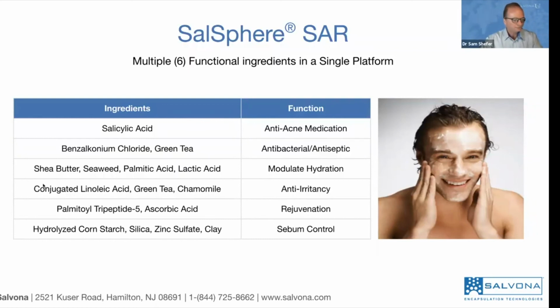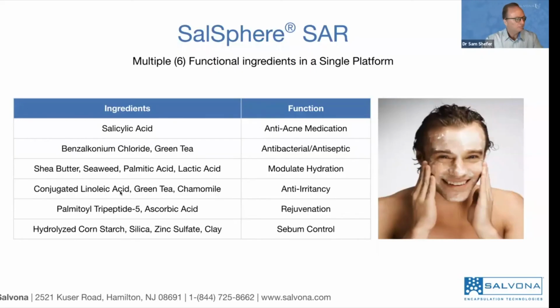Then we have ingredients that address the irritation and inflammation. So we have conjugated linoleic acid, which is an essential fatty acid, and combined with the green tea and chamomile, that all helps to reduce redness. So the whole idea is not just to exfoliate, but also to accelerate the healing.